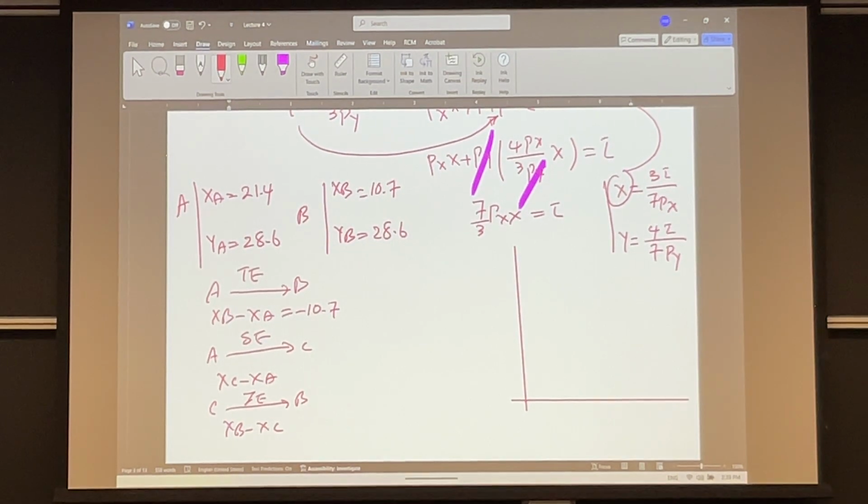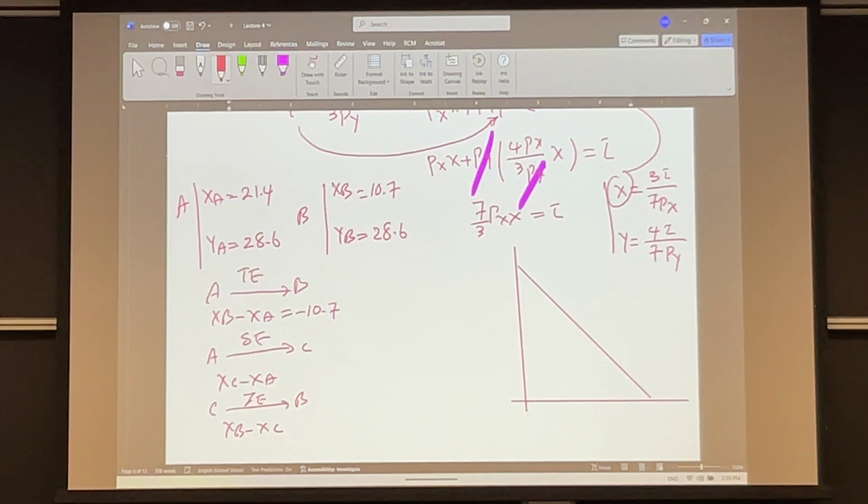What's the initial budget line? 50-50. The terminal budget line is 50-25. The individual is somewhere there.